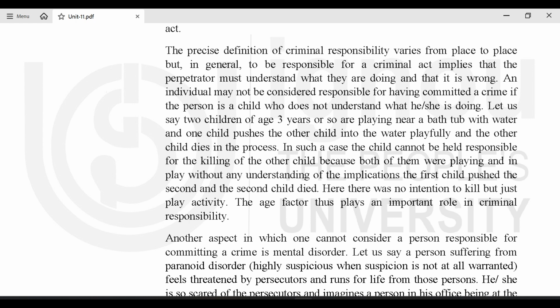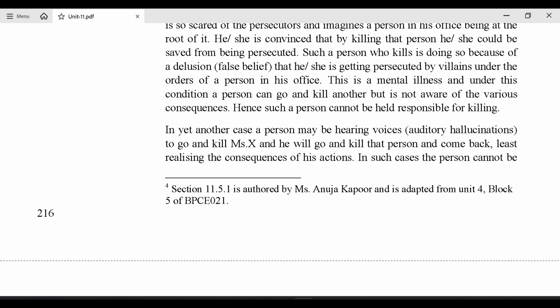Another aspect in which one cannot consider a person responsible for committing a crime is mental disorder. Let us say a person suffering from paranoid disorder, highly suspicious when suspicion is not at all warranted, feels threatened by persecutors and runs for life from those persons. He/she is so scared of the persecutors and imagines a person in his office being at the root of it.